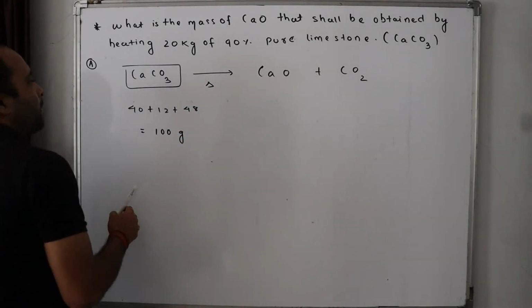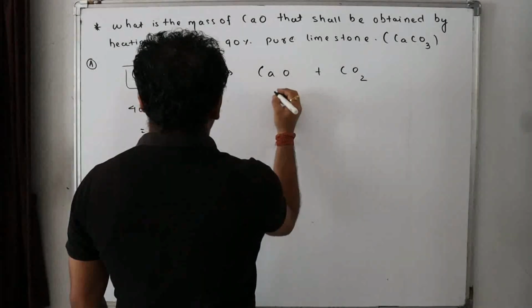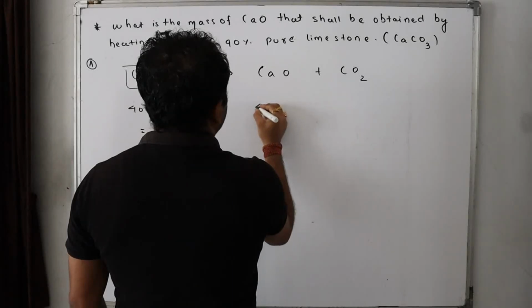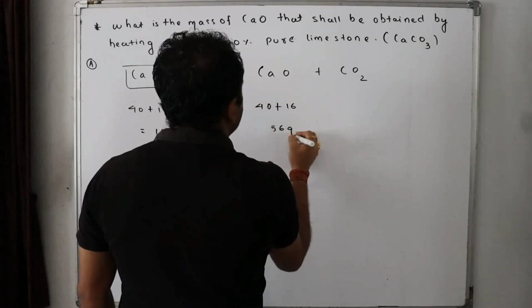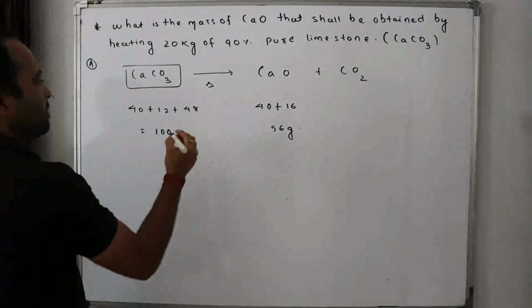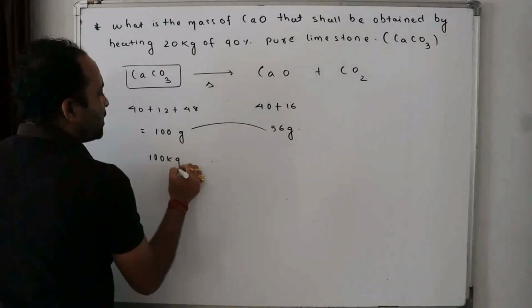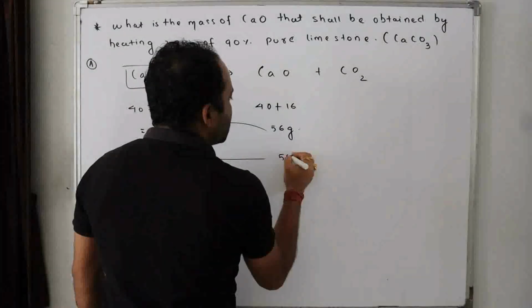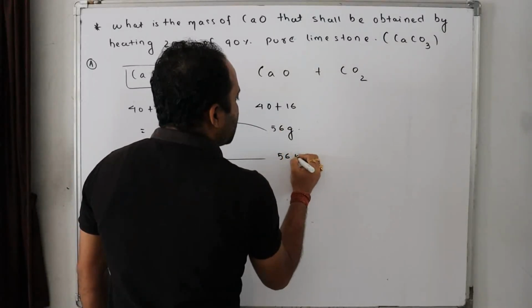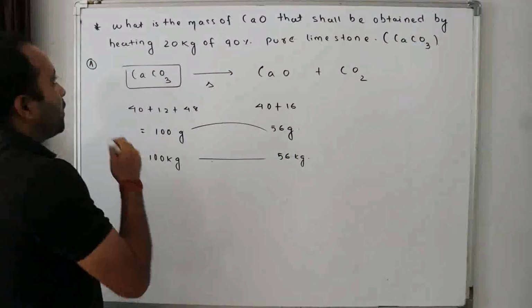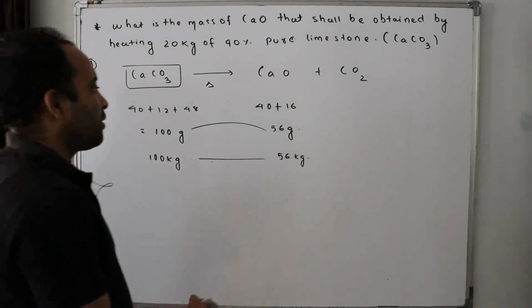Now here CaO, calcium 40, oxygen 16, it comes how much? 56 grams. Now, 100 grams gives 56 grams. That means 100 kg will give how much? 56 kg.